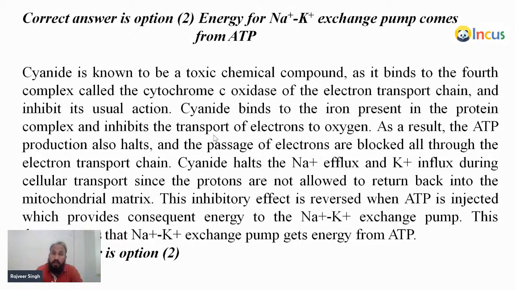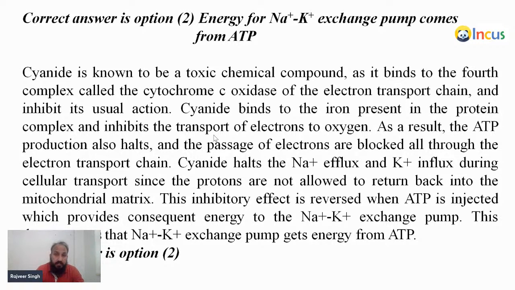Now, if I describe here, cyanide is known to be a toxic chemical compound as it binds to the fourth complex, called cytochrome C oxidase, of the electron transport chain and inhibits its usual action. Cyanide binds to the iron present in the protein complex and inhibits the transport of electrons to oxygen.